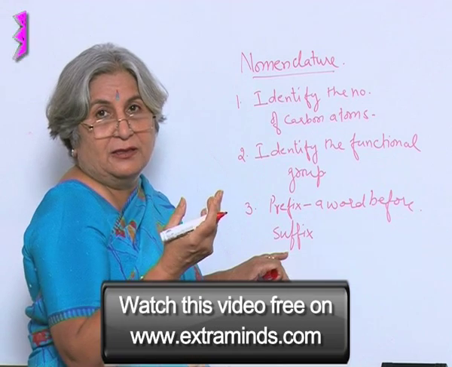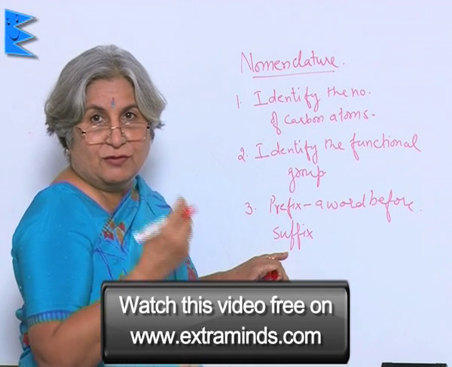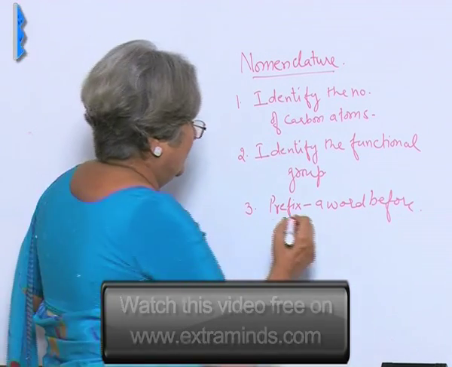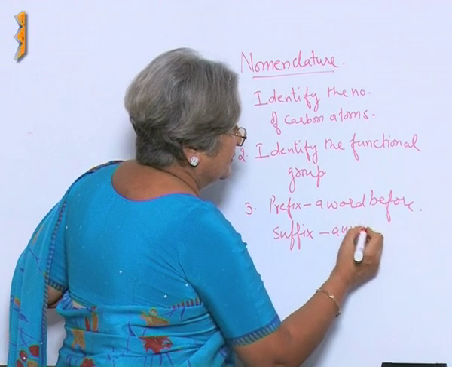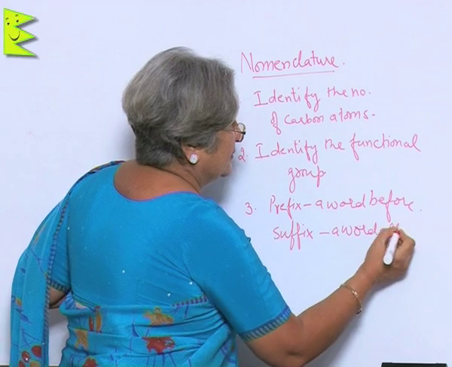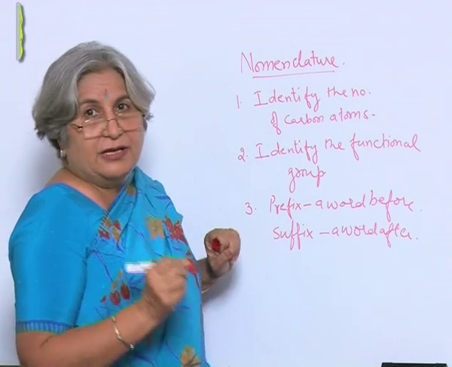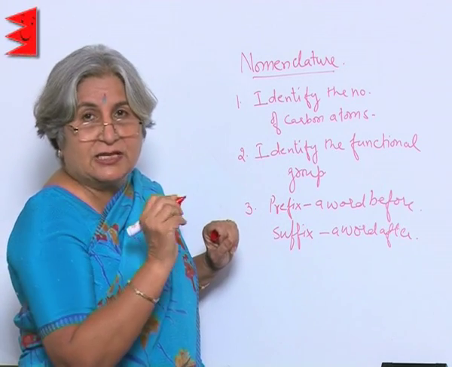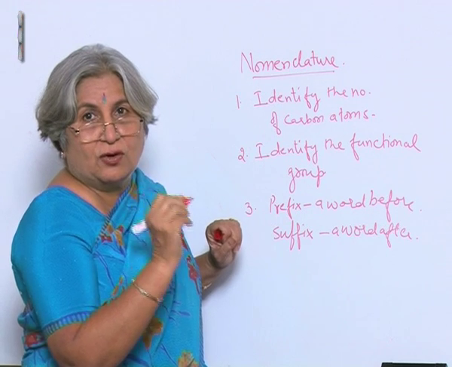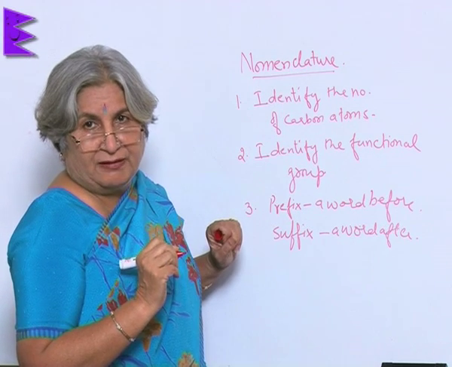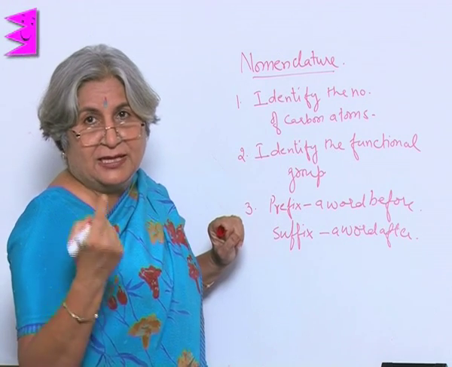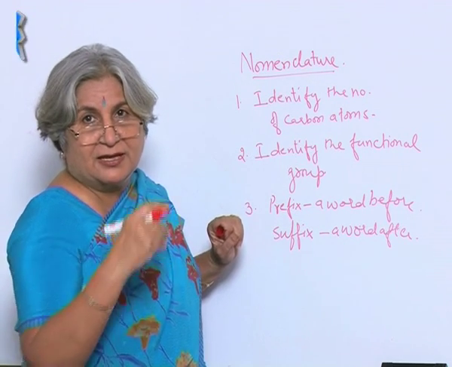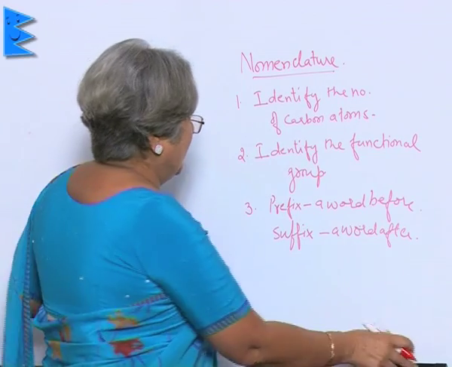For example, Kamlesh Verma. So Verma is the suffix, a word after. If it is a halogen, we start with the prefix, chloromethane, and if it is a functional group other than halogens, then we use it as a suffix, and for that also there is a method.